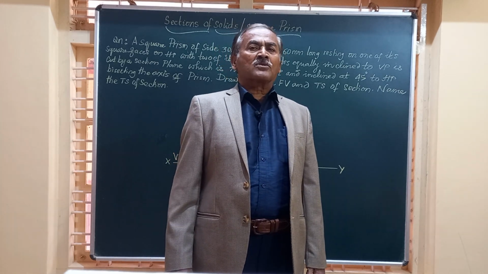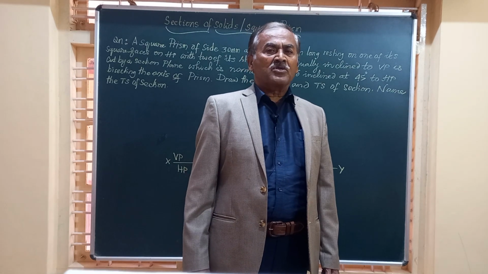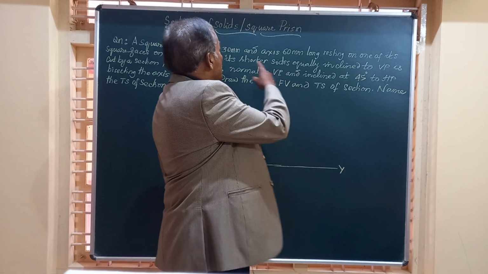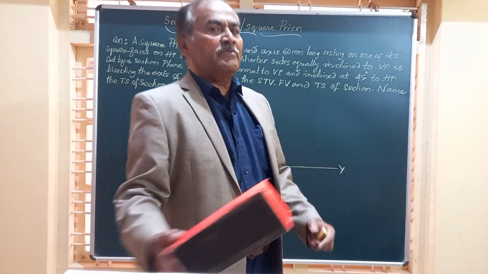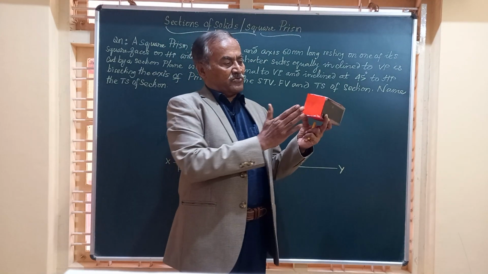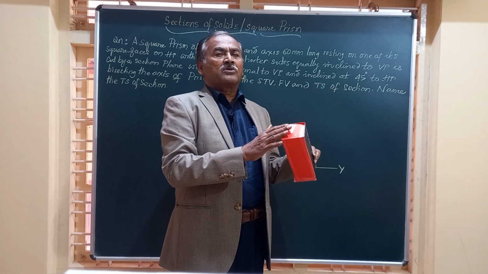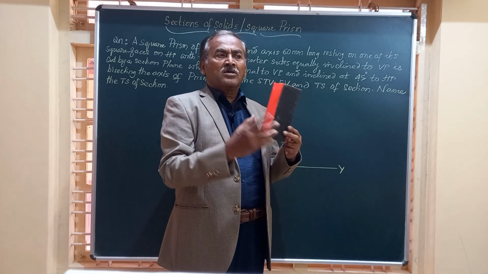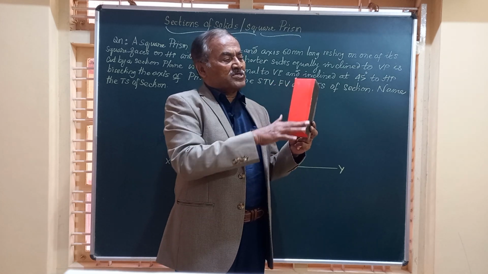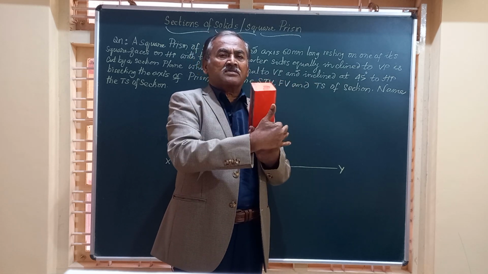Friends, in today's session, we are going to have the section of a square prism. As the name indicates, a square prism will have a square bottom and a square top, these being connected by a number of rectangles. A square prism will have four such rectangles on the lateral surface.